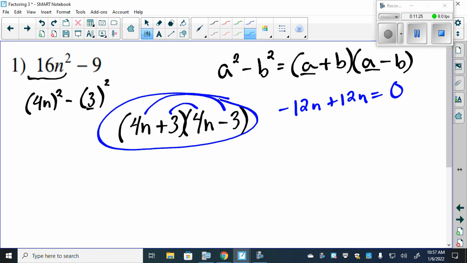Now we could have written it the other way and said 4n minus 3 times 4n plus 3. That's the same thing. It's just flipped. Any questions on this here? Now, I go with the formula on this one because the formula actually does save us a little bit of time working these compared to the perfect square trinomials that we started out with. Any questions on this here?